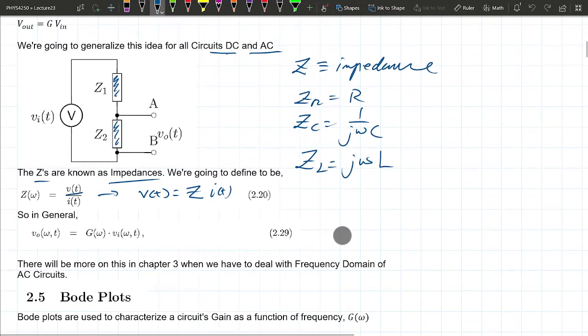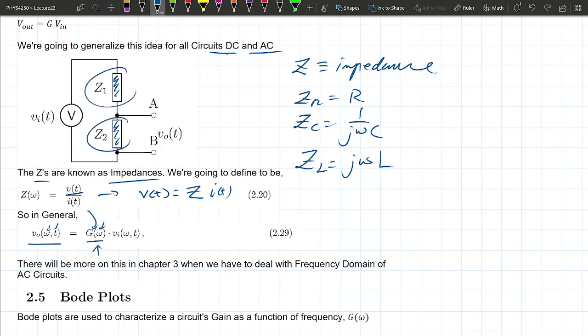So in general, the output is going to be proportional to the gain, which could also depend on the frequency of the signal. I'm going to do it for the capacitor. Let's say both of these things are capacitors, C1 and C2.